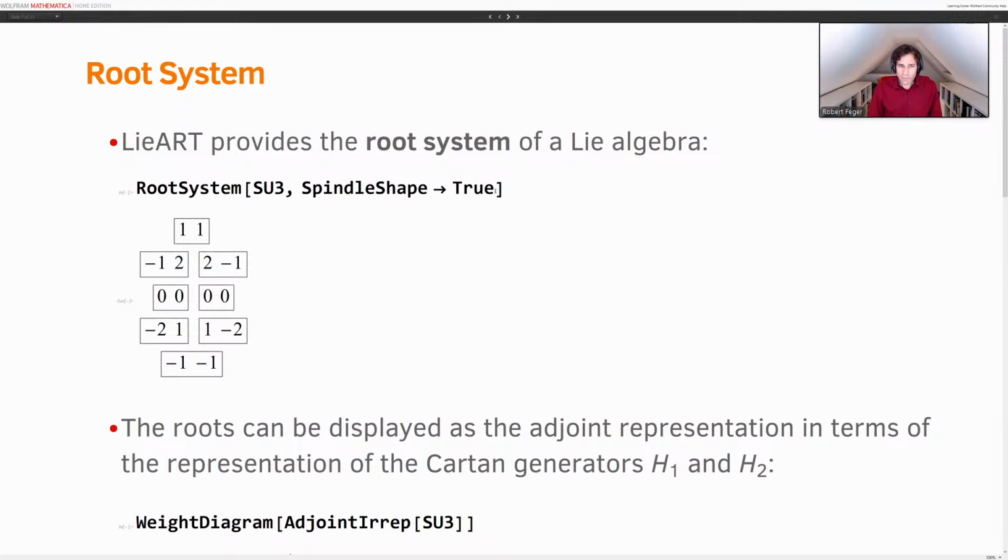So the root system. LieArT can provide the complete root system of a Lie algebra, and I will show you how it is generated in LieArT. This is the command for obtaining the root system of SU3, and there's an option to show it in a spindle shape, which is very nice. So these are all the roots of SU3, and here you see 0 roots.